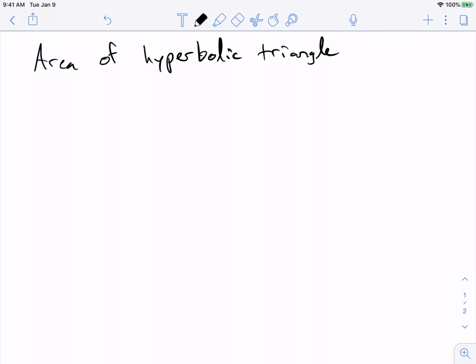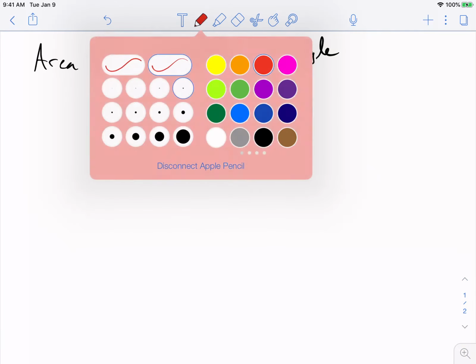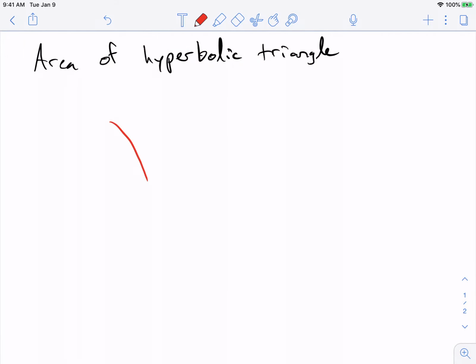So hopefully, even if you've seen it, I'll show you a proof you have not seen, one of the two. So let's say we have a triangle in hyperbolic space that looks like that, with angles alpha, beta, and gamma. So this is an actual triangle. It's actually got vertices, nothing asymptotic going on here.